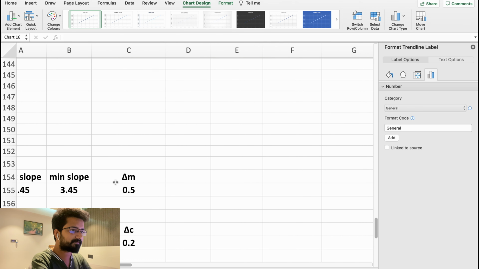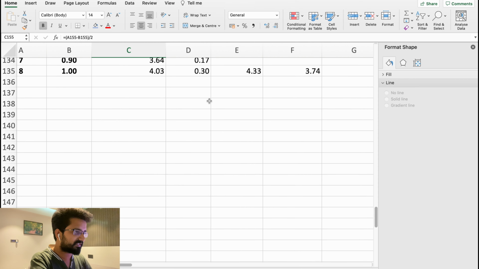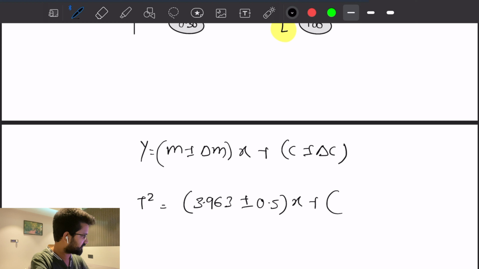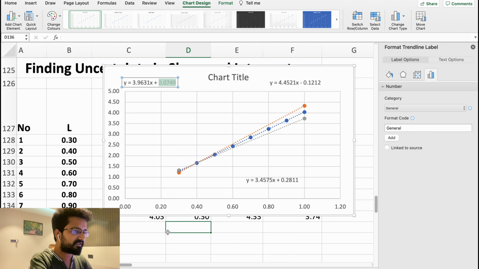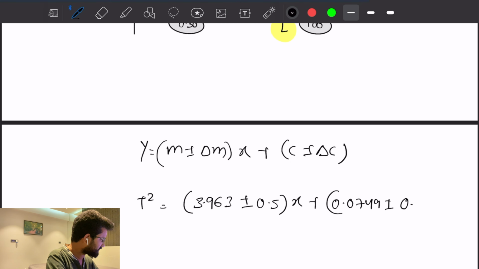So let me write down 0.5 times x plus the y-intercept of my line of best fit, which is 0.0749 plus or minus the uncertainty in the intercept calculated over here, which is 0.2, plus or minus 0.2.